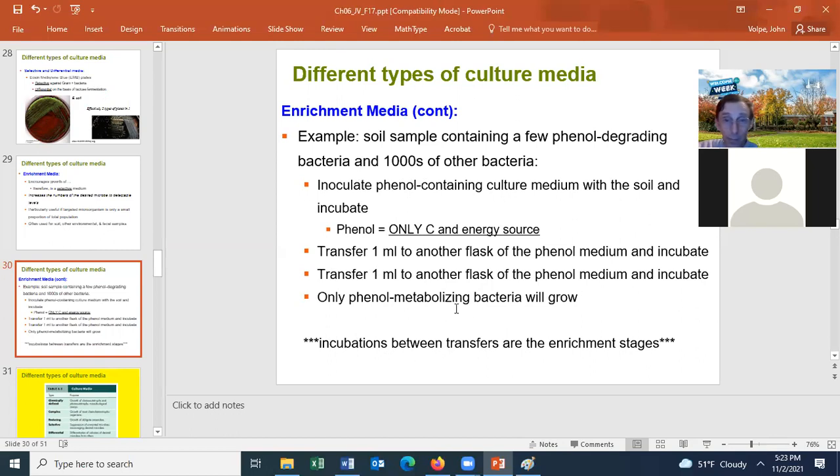And so if you do 10 plates, in reality, you'd have about 1 colony of interest. Now that's not very good, 1 out of 100. It'd be best to get it up into 1 out of 10. And that's why you can enrich in more than 1 tube. You enrich in 1 tube, take that enriched growth, put it into another tube, and enrich further. Any questions about enrichment media?